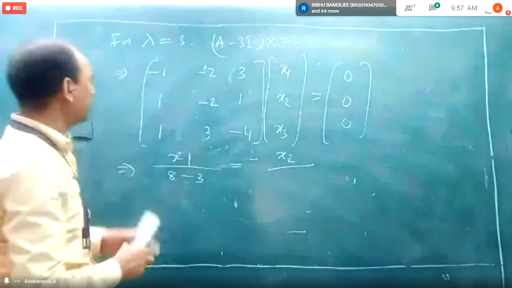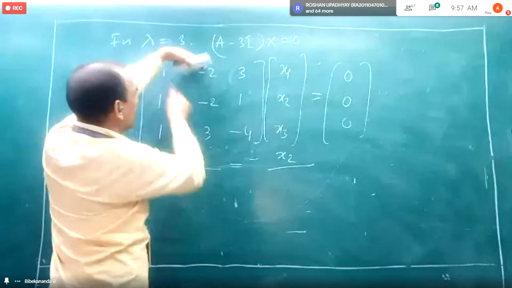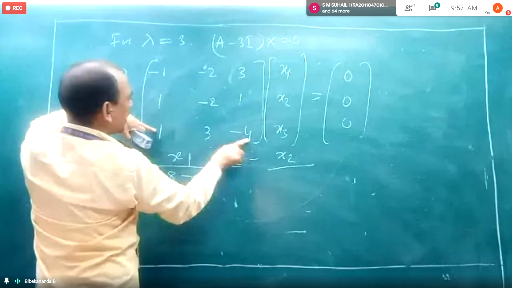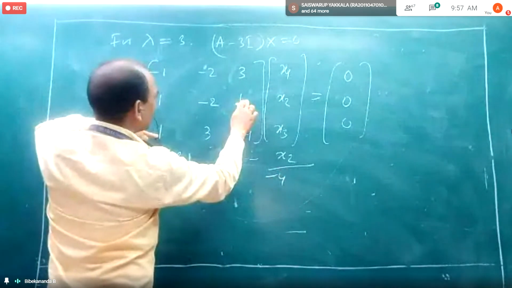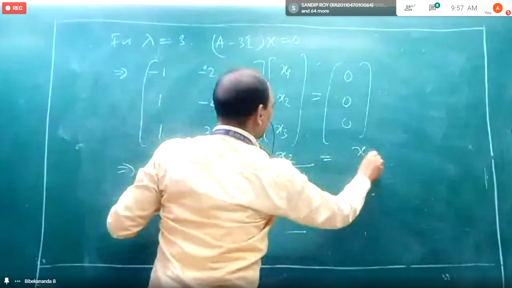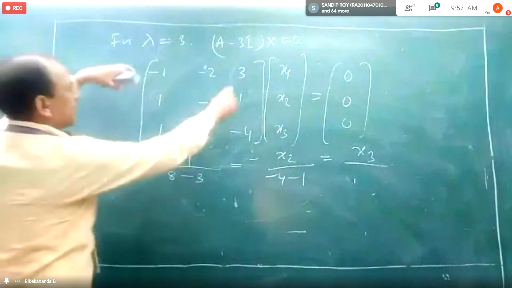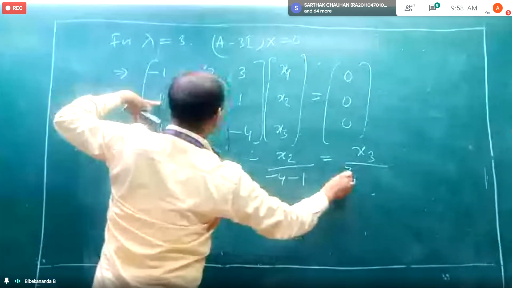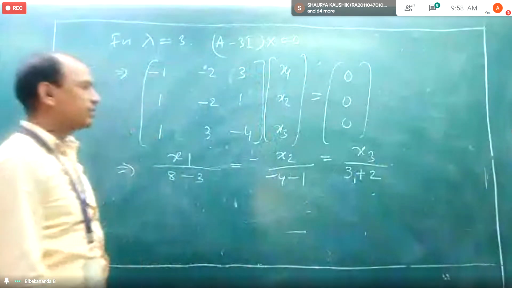When you are going for x2, you neglect the column as well as the row. So now the remaining terms will be 1, 1, 1, minus 4. So 1 into minus 4 is minus 4, 1 into 1 is minus 1. And then what will be x3? x3 means this one. So 3 plus 2. 1 into 3 is 3, 1 into minus 2 is plus 2.